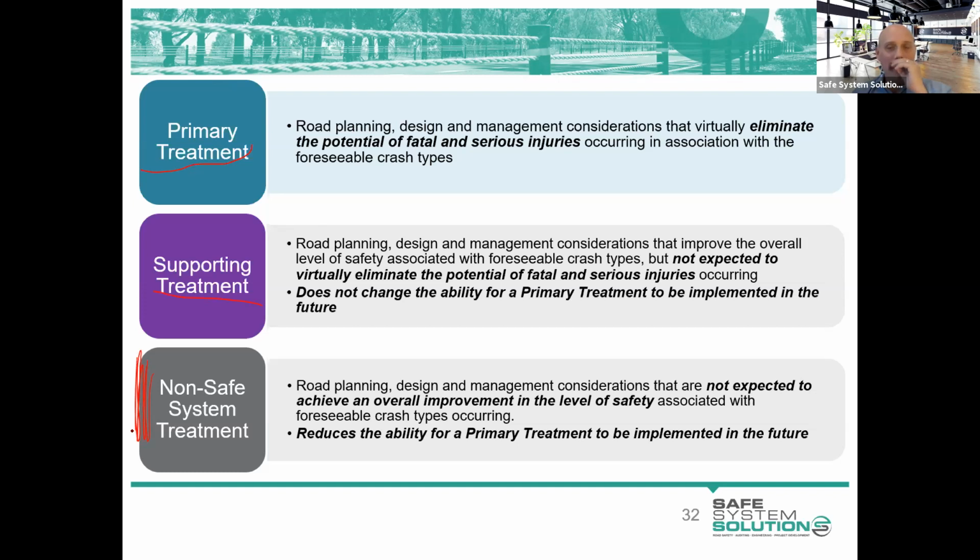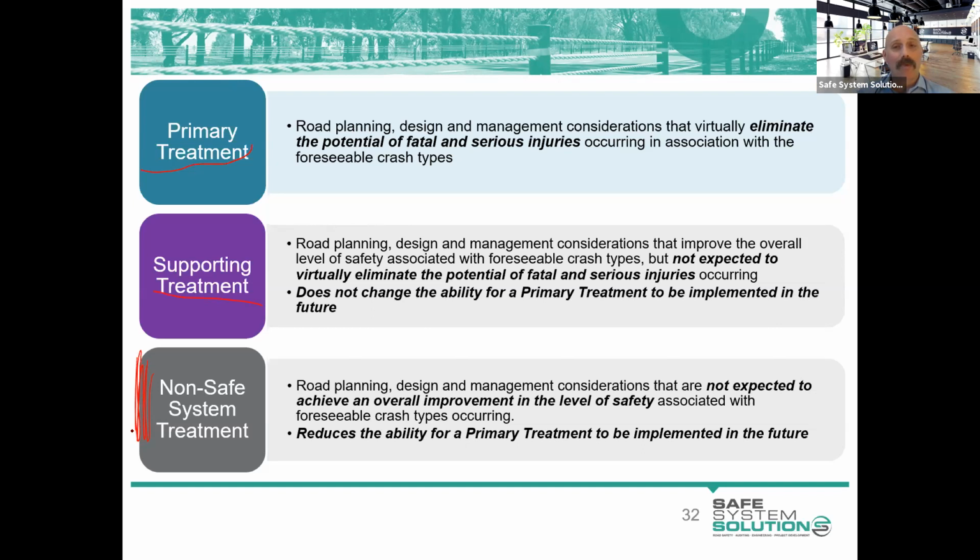So you could have something that's primary for runoff road, but may not help some other crash types. A good example of primary is maybe a flexible continuous barrier system, which is primary for runoff road crashes. We may not give it primary for other crash types, maybe if we're thinking about very large vehicles.